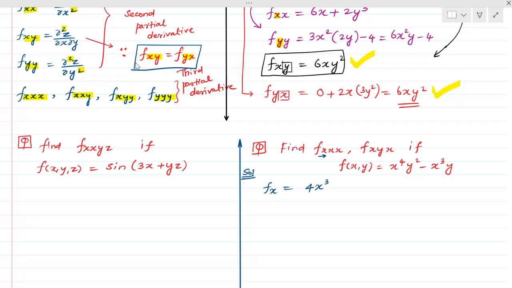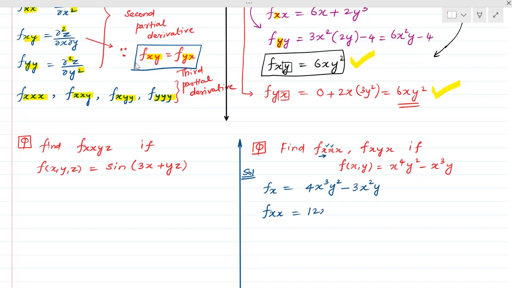4x^3 y^2 (y^2 is a constant since it is in the product) minus 3x^2 y, that is f_x. Now calculate the next one, f_xx: differentiate again with respect to x.